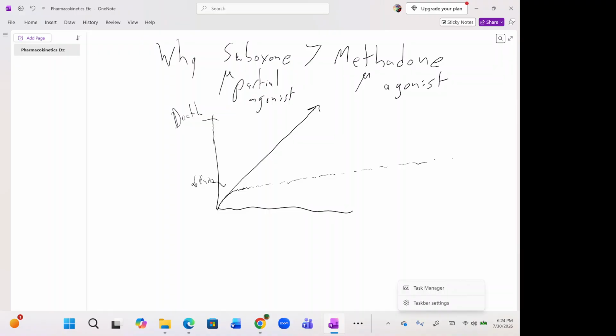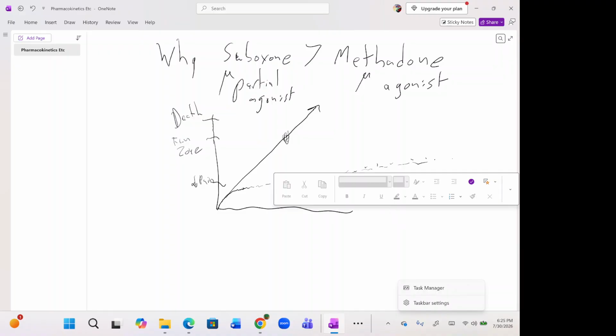So I'm sure that many an addict has tried to get around here, this is probably what the addicts would call the fun zone, with Suboxone, and just gotten frustrated with upping it and upping it and upping it, because it has this asymptote, and you just get diminishing returns with more and more of it.